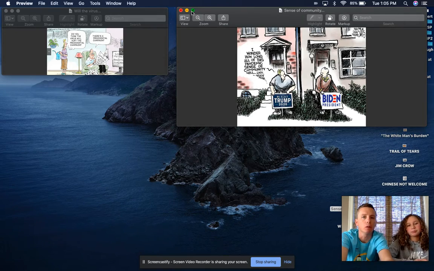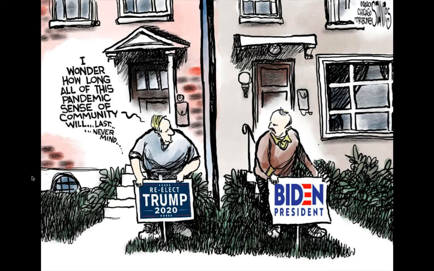So, Natalie, students out there know that this was the first time Natalie has looked at a political cartoon, and I asked her exactly what I asked you guys. What do you see? I see two neighbors. What are they doing? They are putting out campaign signs. For what election?